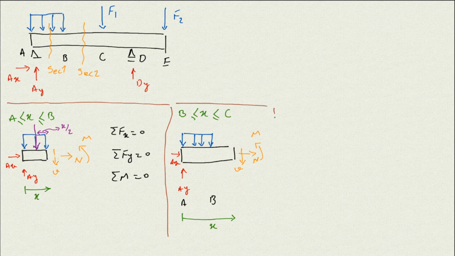So it's the same thing for the section between C and D. When X is between C and D, the origin of X is A, the 0 is here, but this time X changes from C to D, whatever that magnitude is. We cut the section somewhere in there and call it section 3.